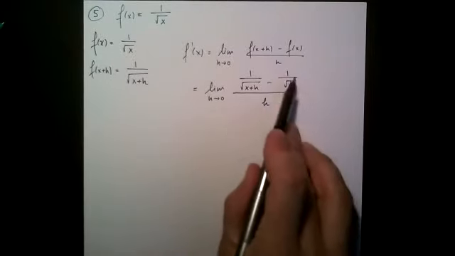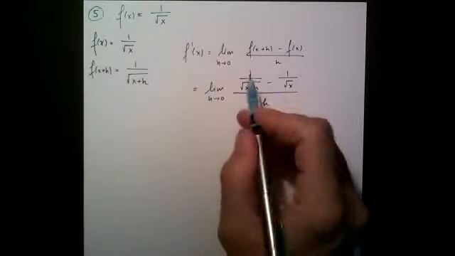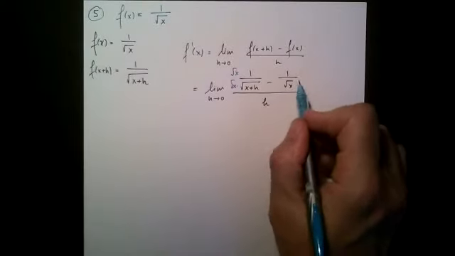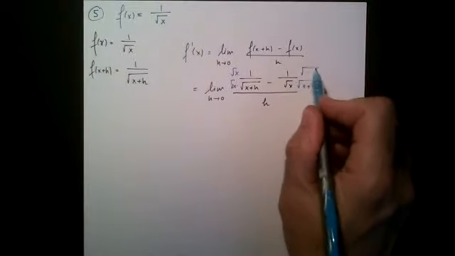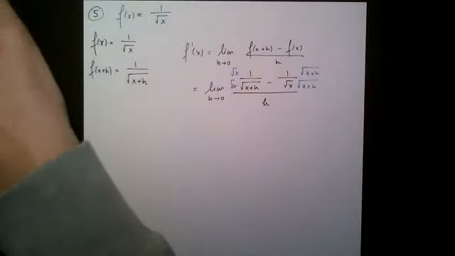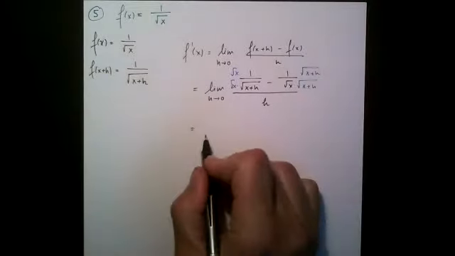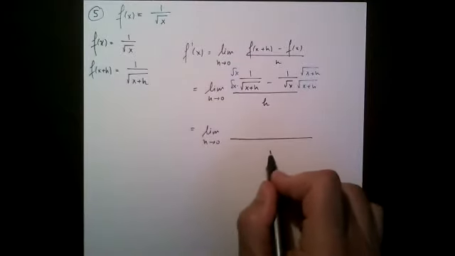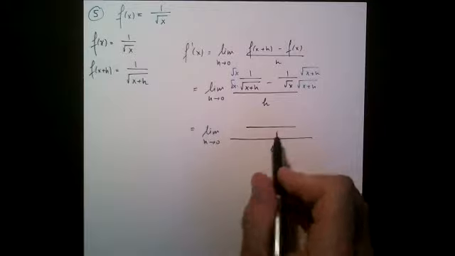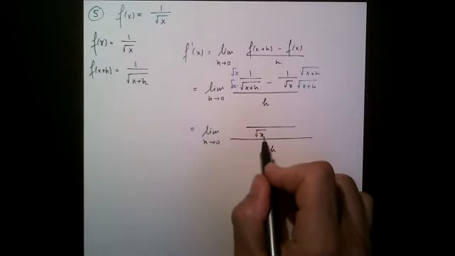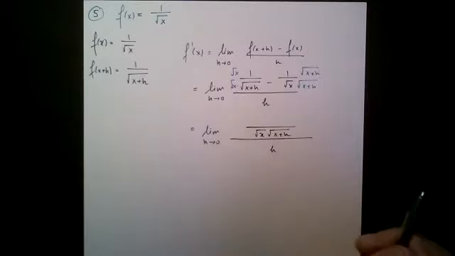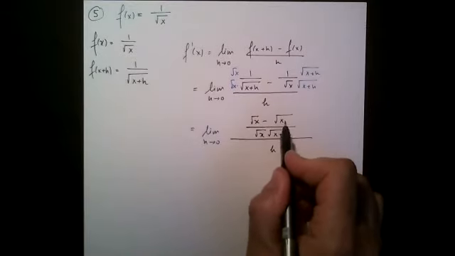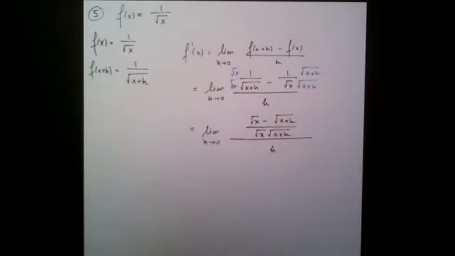So again, I'm going to find the common denominator on top. So I will multiply here by root x top and bottom, and here by root x plus h top and bottom. h approaches 0, so everything over h. And now the fraction on top is over root x times root x plus h. And now I have root x minus root x plus h.